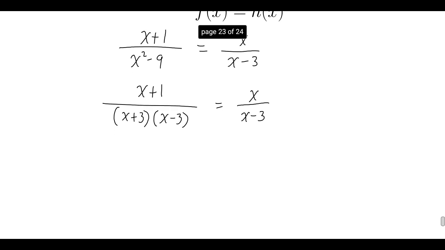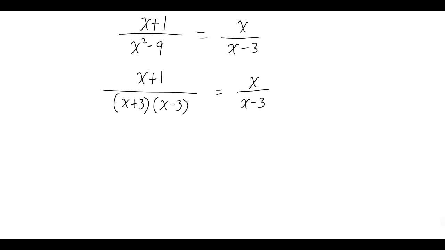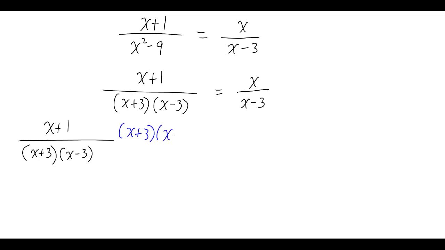Alright, let's multiply both sides by the common denominator of (x plus 3)(x minus 3). Times (x plus 3)(x minus 3), and that equals x over (x minus 3) times (x plus 3)(x minus 3).